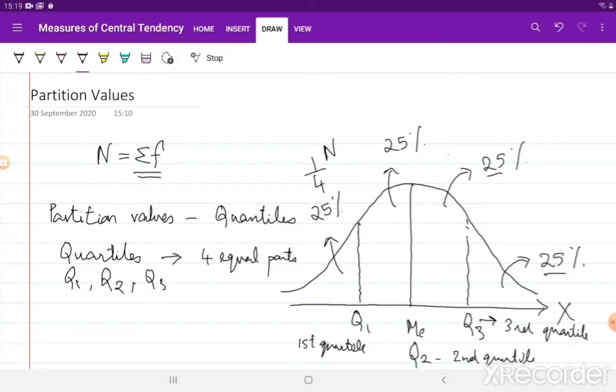So the second quartile is the same as the median that we calculated. The quartiles are partition values because they tell you the values at which the total number of observations can be divided into 4 equal parts.